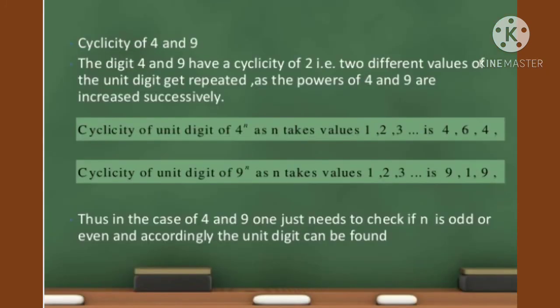Note that for a base ending with 4, the unit digit of the expanded form alternates between 4 and 6. Further, we can notice that when the power is odd, its unit digit is 4, and when the power is even, it is 6. For the base ending with 9, the unit digit after the expansion is 9 for odd power and is 1 for even power.